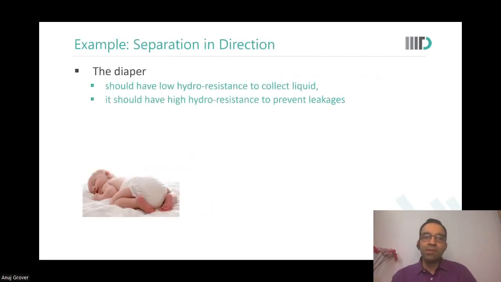For example, a baby's diaper. What do you want? It should have low hydro resistance to collect the liquid, but should have high hydro resistance to prevent leakages. So what is the solution there? When the water is coming from this side, it sees less resistance, but when water has to go out, it sees much more resistance.